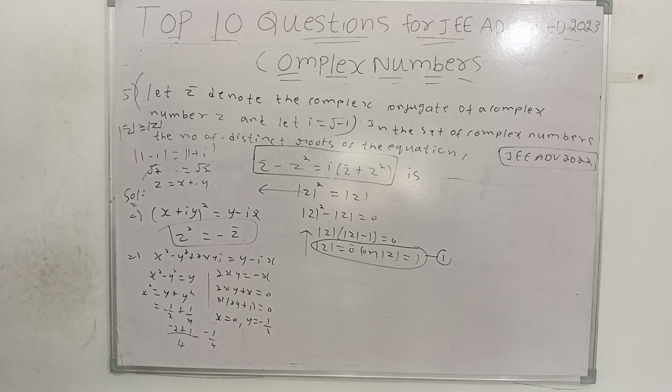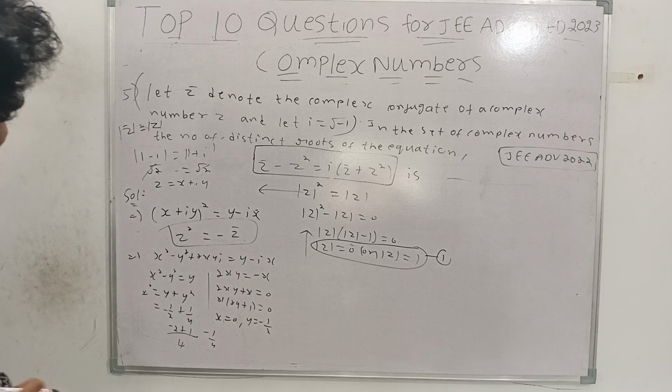Is this correct? X square minus y square, shifting to the right side, it is y minus 1 by 2. Here it is minus plus 1 by 4. One second, guys.